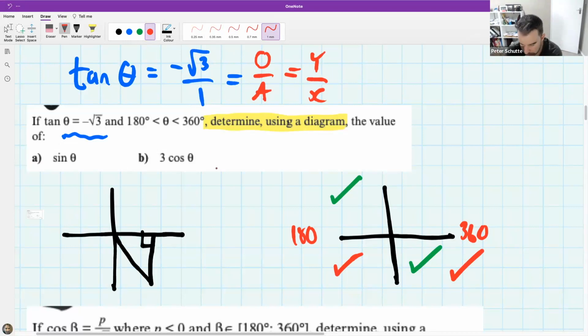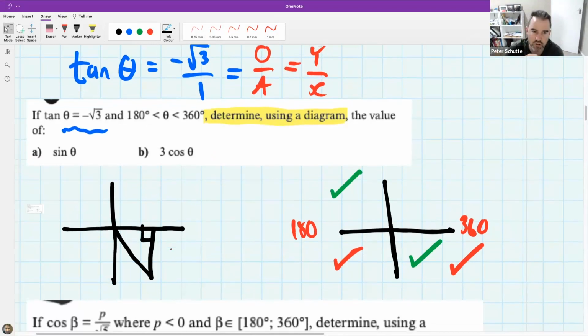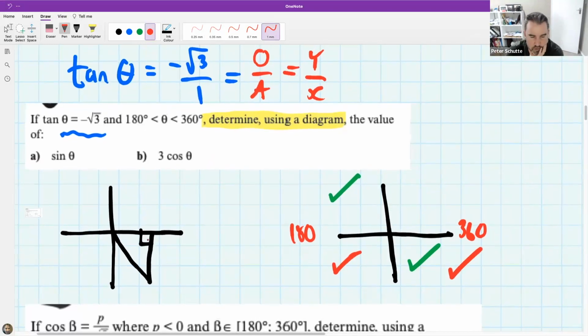Okay, but here's another problem. If I want to put this onto the length of my sides here, do you think Y is going to be negative? Or do you think Y is going to be positive? Okay, so if Y is going to be negative, where does the negative have to go to?